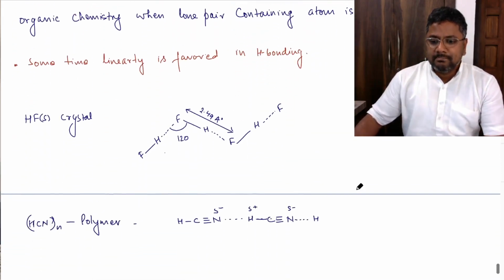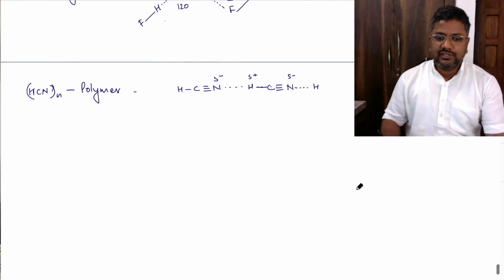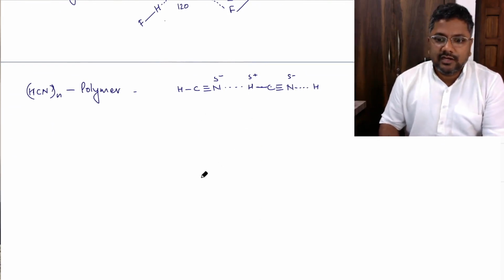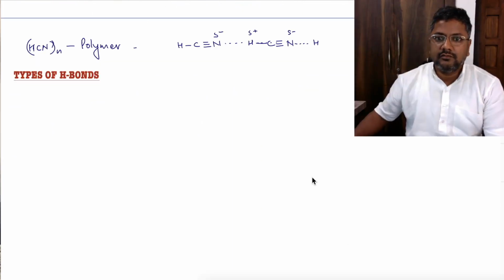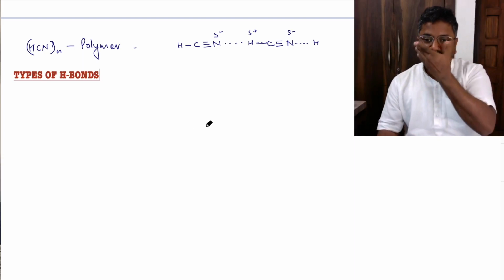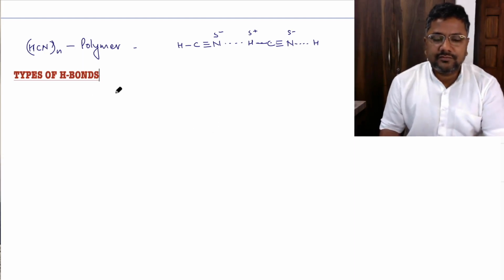Now see types of hydrogen bond. We have mainly two types of hydrogen bonds.